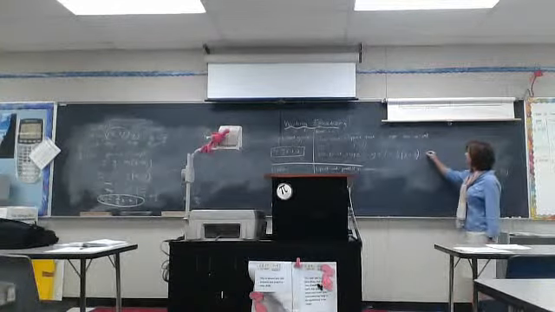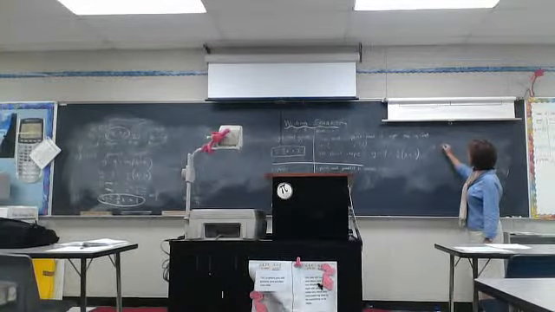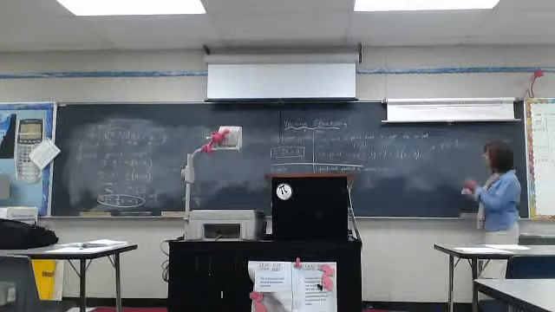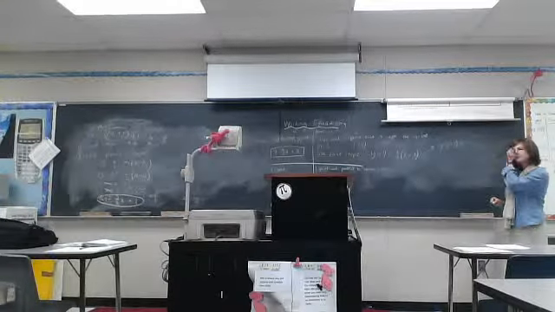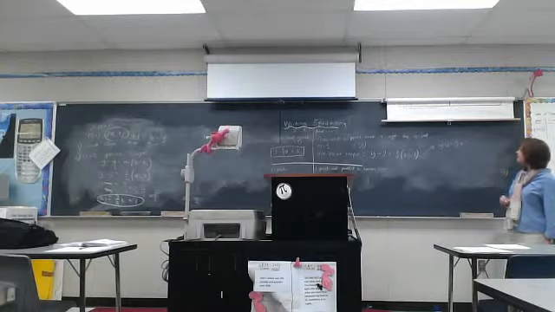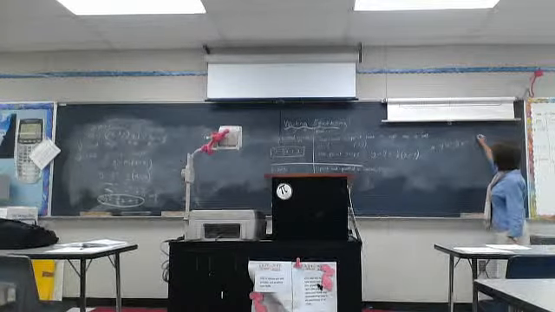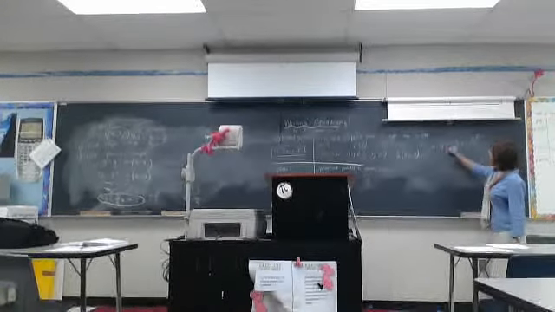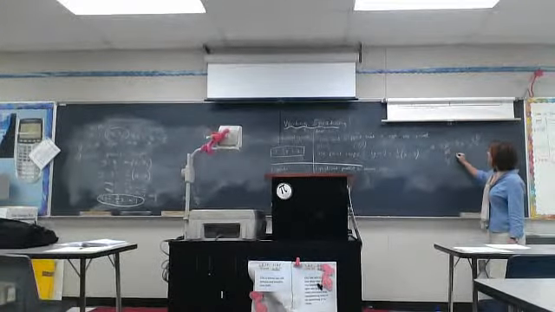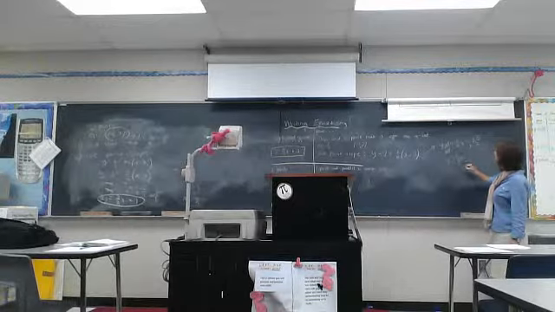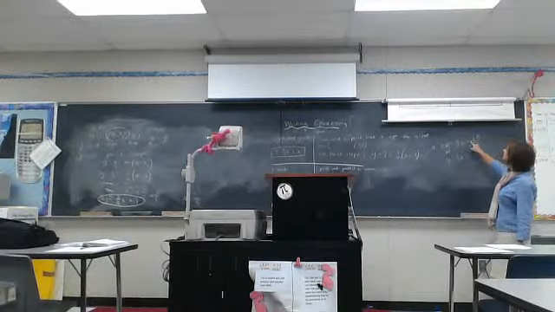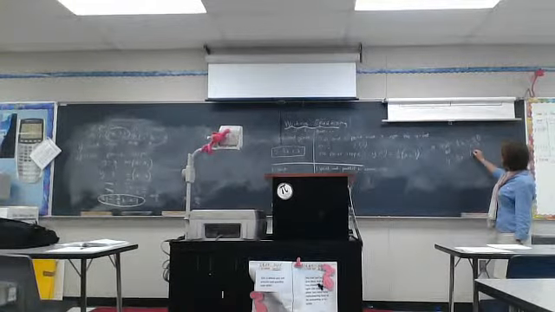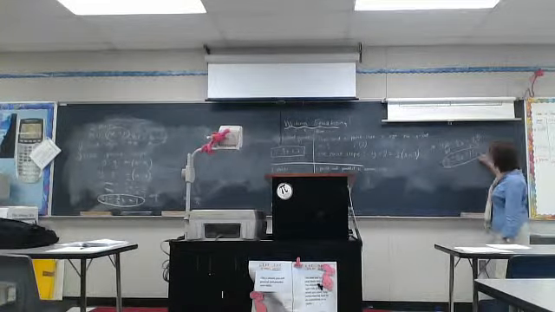What's a half times 7? 3.5. Okay, that'll work. Add 2 to both sides. Y equals 1/2 x, negative 3.5 plus 2, so minus 1.5. There, we made it.